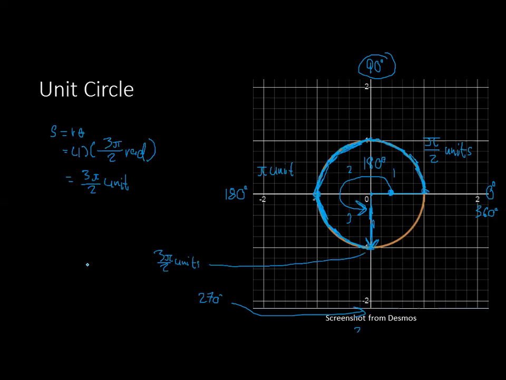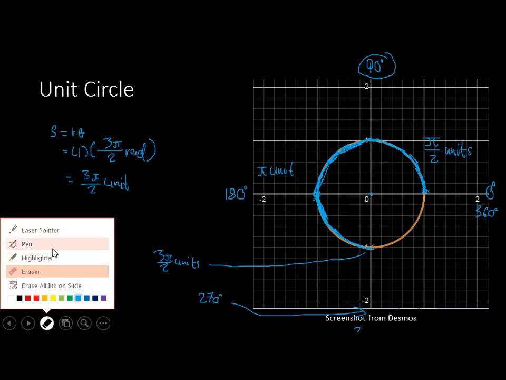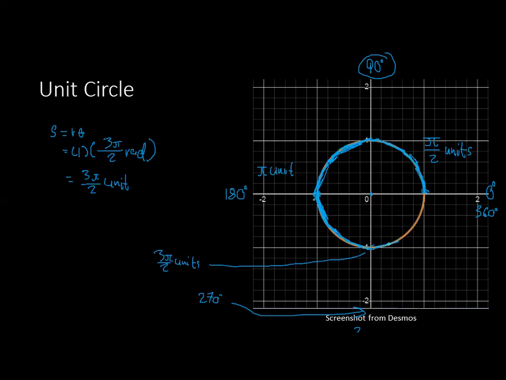Now, lastly, what if you rotated one whole rotation? That means you covered the entire circle. So from start up to here, the same place where your initial side is, you covered the entire circle. So what would be the arc length?